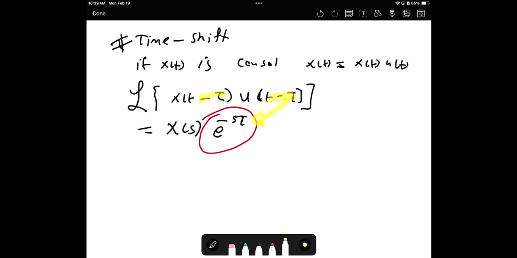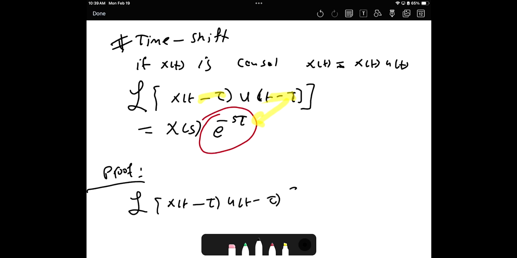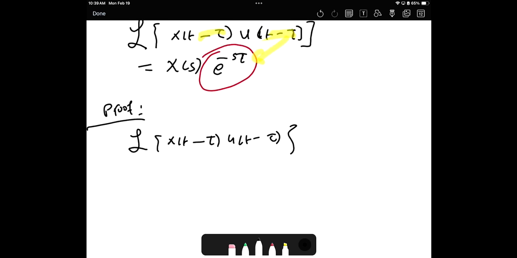So how do we prove this? Laplace transformation of x of t minus tau, u of t minus tau. This is actually equal to the integral from 0 to infinity of x of t minus tau, u of t minus tau.